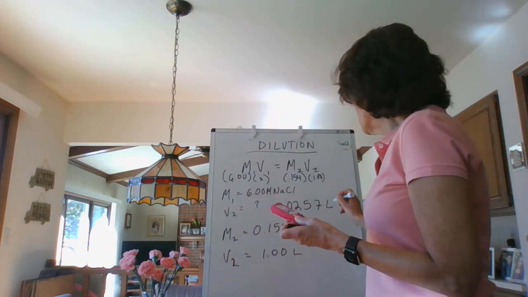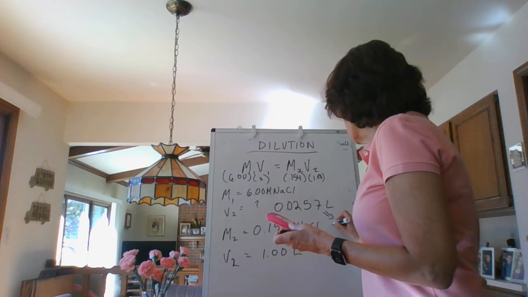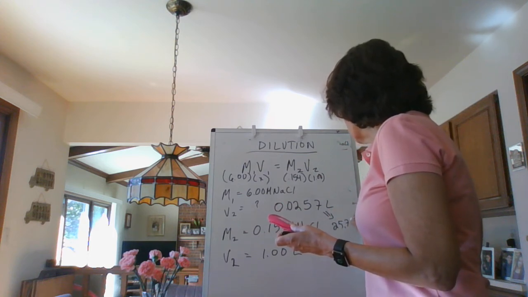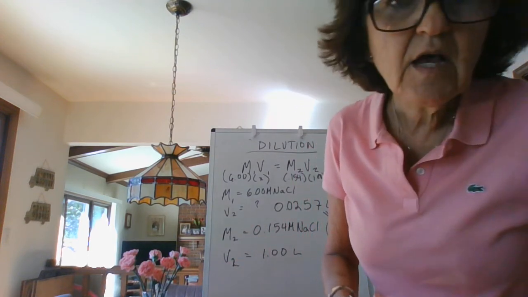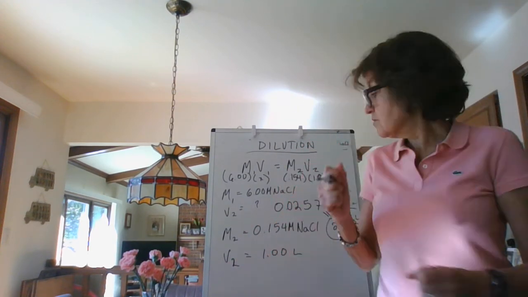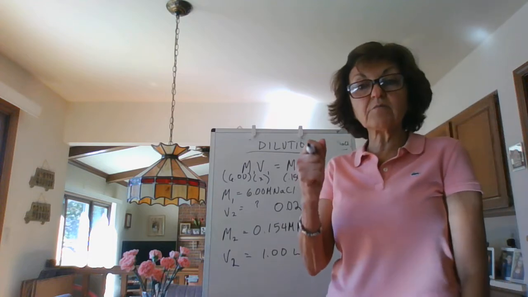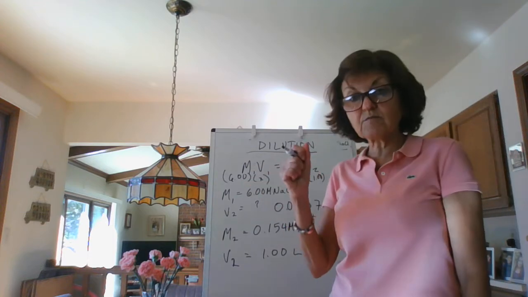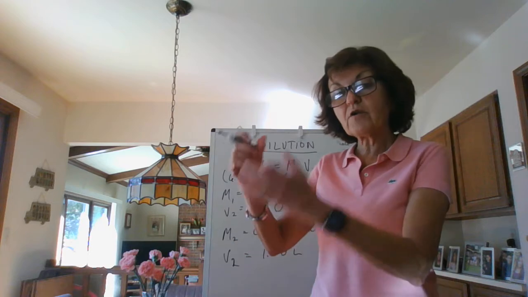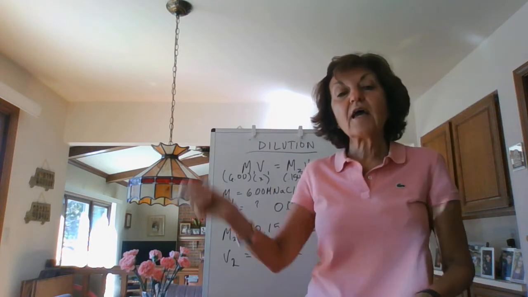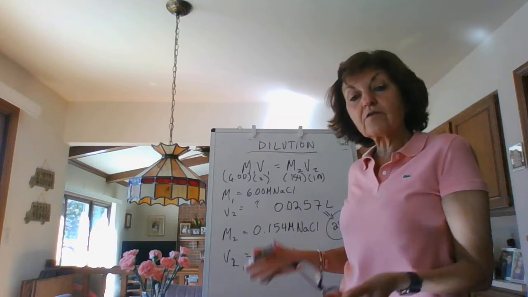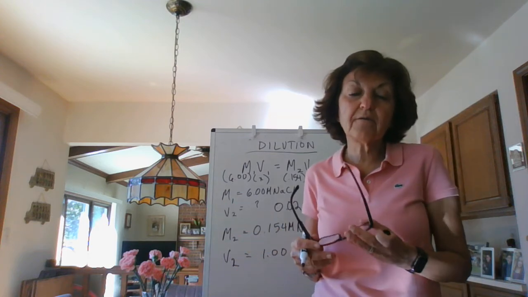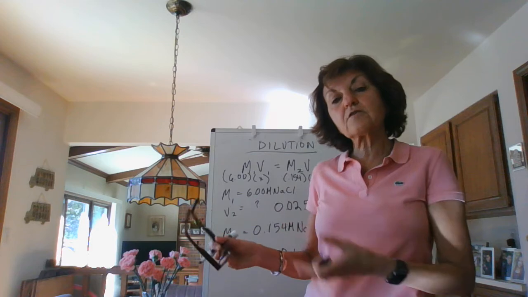Okay, so you need to take out 25.7 milliliters of this 6 molar solution, put it in a volumetric flask, add water till you get to 1 liter, and then you've got your 1 liter of physiological saline.